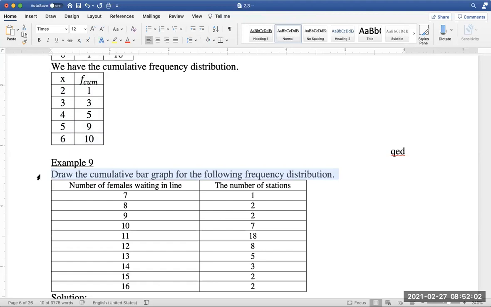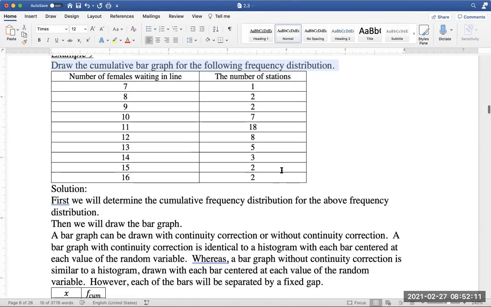Draw the cumulative bar graph for the following frequency distribution. So this is the same data we had from before.